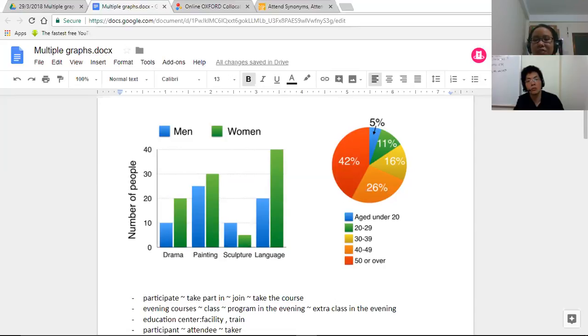Actually, there's no limit for the body paragraphs you can write. The four-paragraph structure is recommended because it's quite standard. That's how a lot of people use it, and it has a very high band score. But you can totally use another paragraph if the task gives you three different charts or graphs, as long as it's logical.